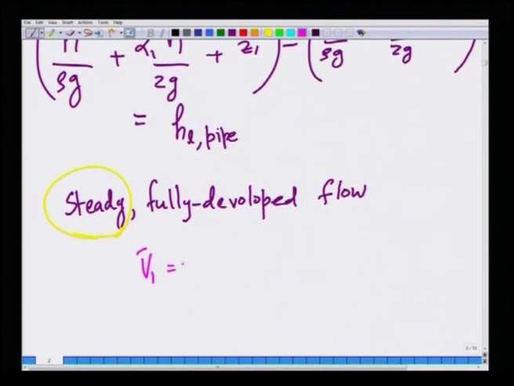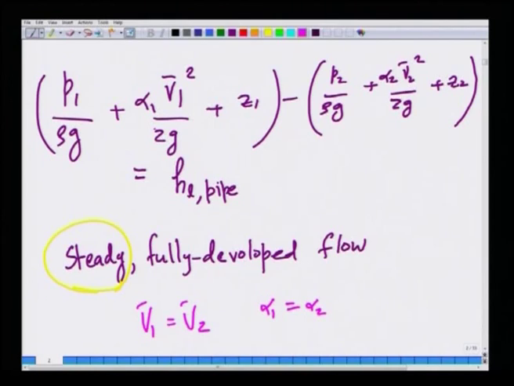So, when you have steady fully developed flow, the mass conservation equation will mean that V1 is V2 because this is a pipe of straight cross section, and alpha 1 is alpha 2 because the conditions are identical in both the cases. It is either turbulent, it is not like it is turbulent in one end and laminar in the other end.